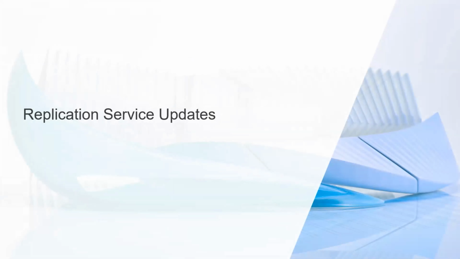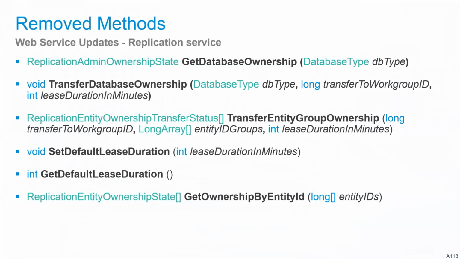The next topic is replication service updates. The merge replication has been replaced with transactional replication. In merge replication, we had the concept of ownership of entities. This was introduced to deal with the data conflicts that arose as a result of simultaneous updates on the publisher and the subscribers.